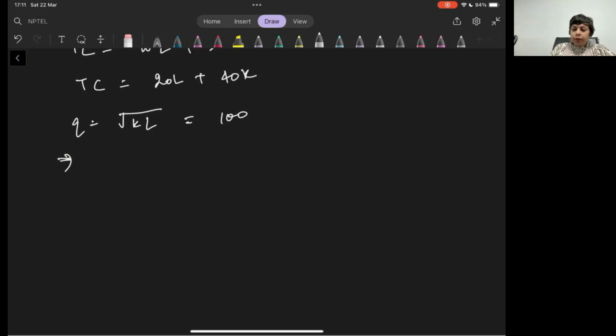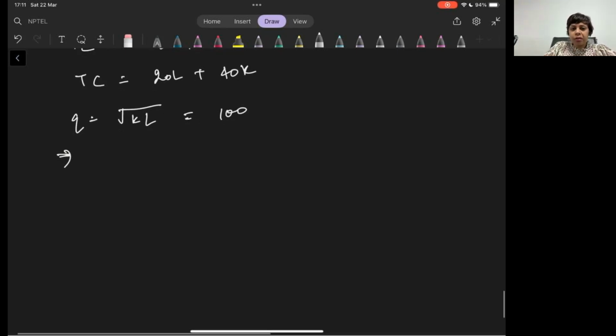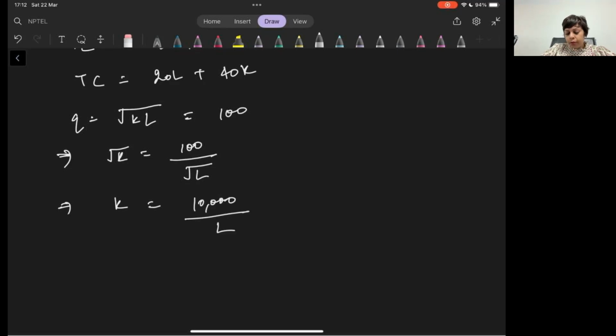That's pretty simple. Yes, you have to deal with an under root sign, but you can still derive it. Therefore, you can say root K is equal to 100 upon root L, or K is equal to 10,000 upon L, right?